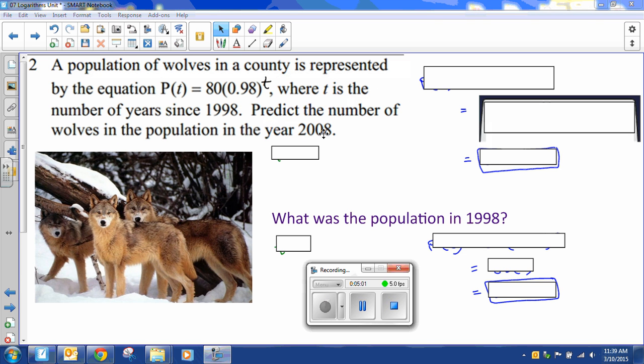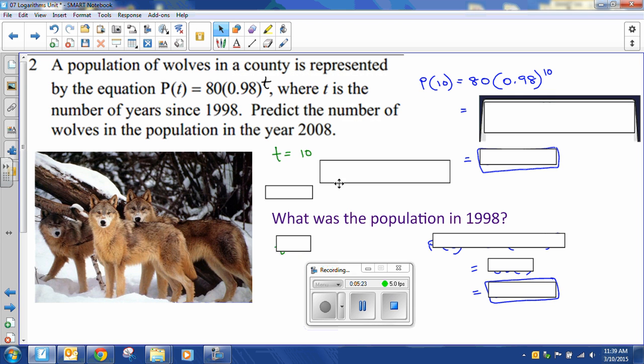A population of wolves in a county is represented by the equation P of t equals 80 times 0.98 to the t power, where t is the number of years since 1998. Predict the number of wolves in the population in the year 2008. So t equals 10 because from 1998 to 2008 there have been 10 years. We simply put 10 in as the input.